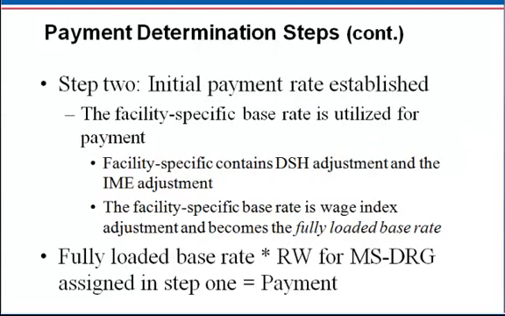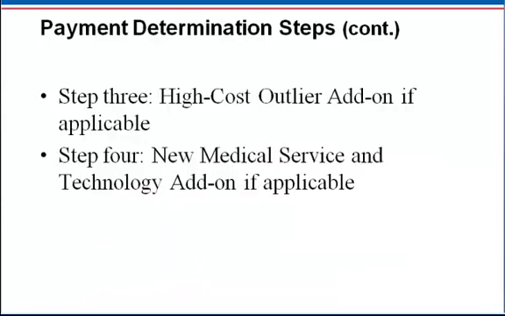Step 2, the initial payment rate is established. The facility's specific base rate is used for payment, as we talked about. Step 3, if any of these apply, the high cost outlier or a new medical technology, those are added on if applicable.